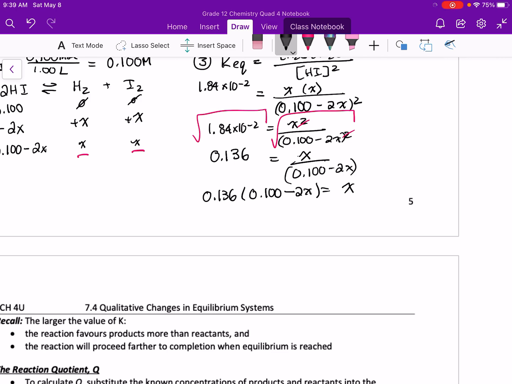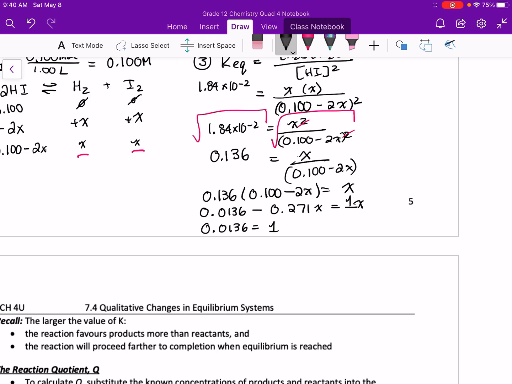And I'm going to keep solving so that I can get one value for x. So here we're going to have 0.0136 minus 0.271x. X has a value of 1. We can't see it, but that's there whenever you just have x by itself. So I'm going to bring all of my like terms to one side. So I'm going to keep 0.0136 over here.